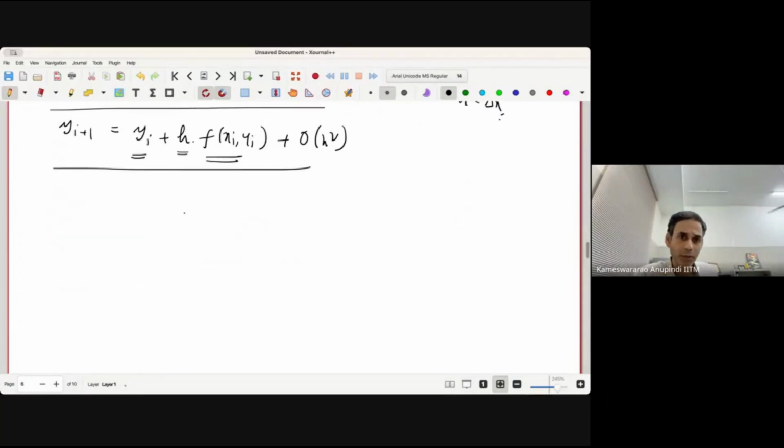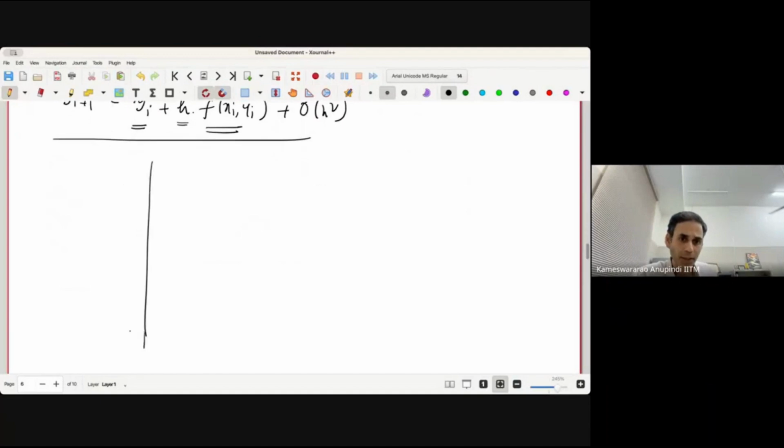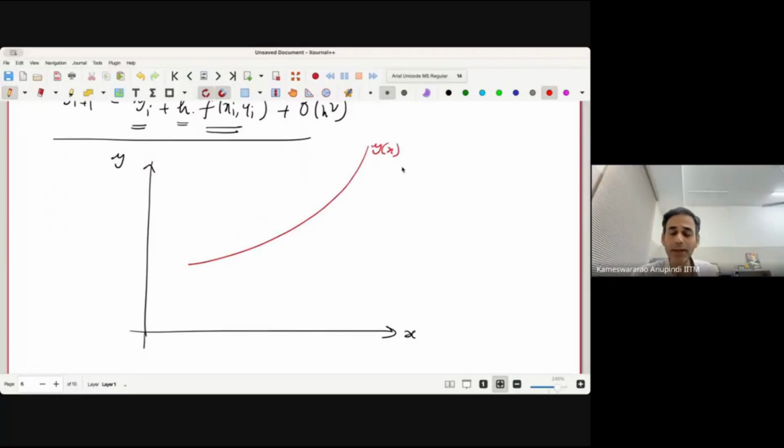If I were to draw this graphically, on the x-axis we have x, on the y-axis we have y, and we have some function. This is my y as a function of x, which is what we are supposed to calculate. We start off with some xi value which has a yi value, specified as the initial condition.